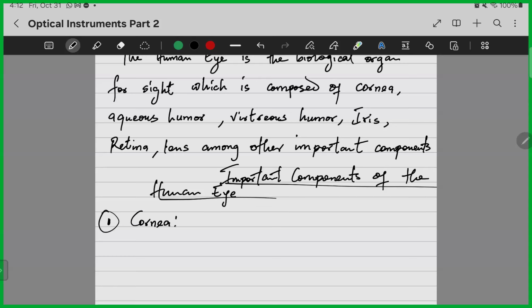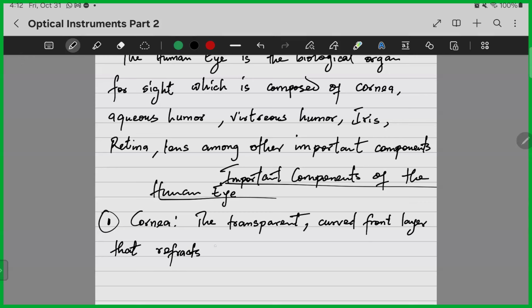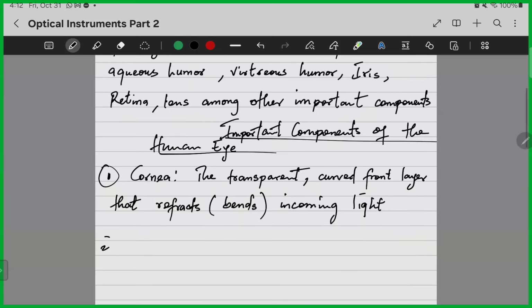A very brief explanation of that: it is the transparent front layer that refracts or bends incoming light. Keep that in mind. Very important for multiple choice questions.